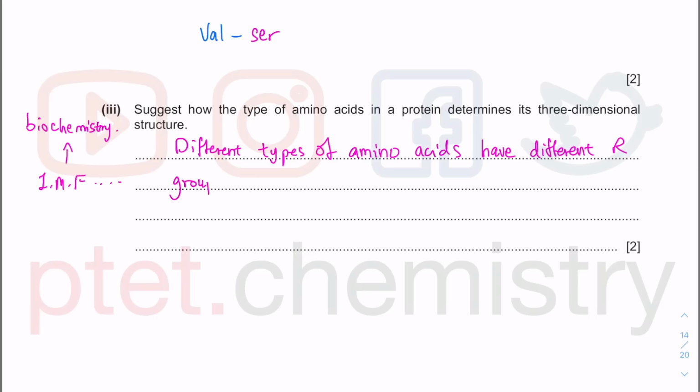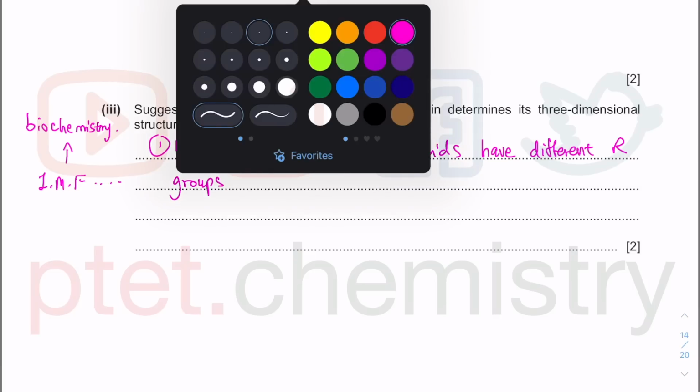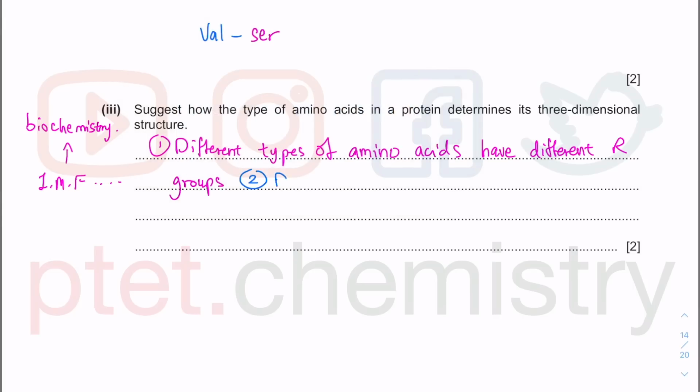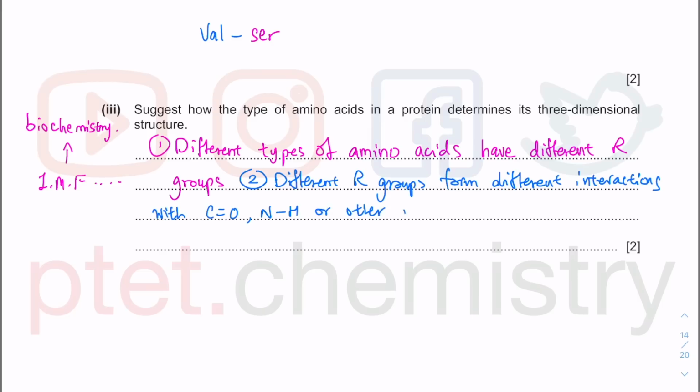And these different R groups can form different interactions with each other. Different R groups form different interactions with the CO or the NH or other R groups further down the chain, because you have a long chain, right?